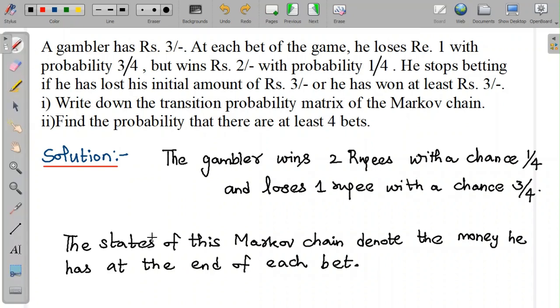To do this, we'll understand the problem in detail and then proceed. So the gambler wins 2 rupees with a chance of 1 by 4 and loses 1 rupee with a chance of 3 by 4. The states of the Markov chain here are the money he has at the end of each bet, and that will help us define the TPM and the initial probability matrix.